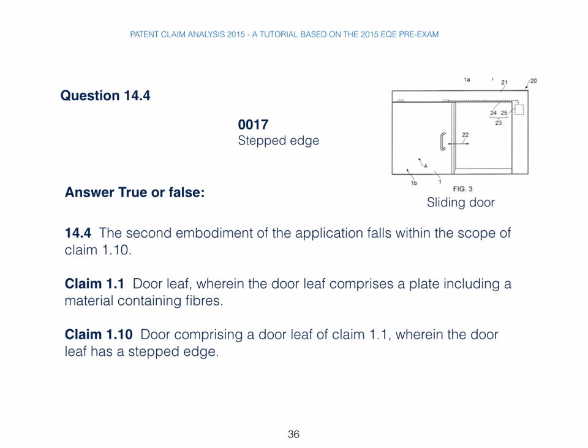The second embodiment is a sliding door. Does the second embodiment have a stepped edge? Make up your mind and state whether the second embodiment falls within the scope of Claim 1.10. Let's now turn to the answers and then to the examiner's report.